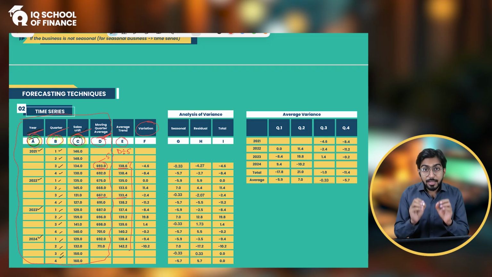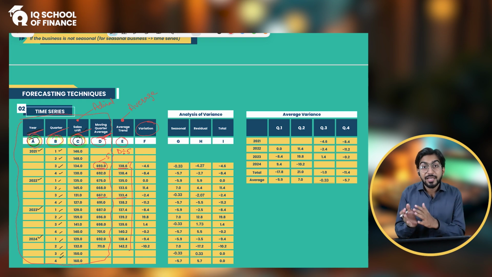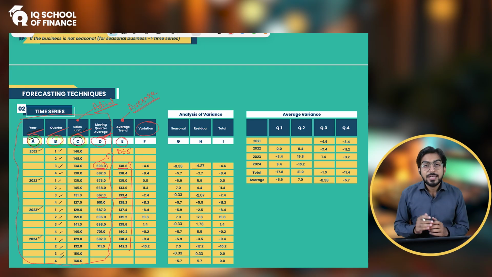The variation is calculated from these two columns, the average trend and the sales unit. The sales unit values are the actual data, and these are the averages which we have just calculated. So now you will calculate the variation between the actual sales unit and the average sales unit.